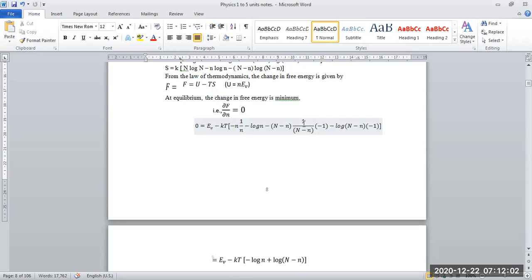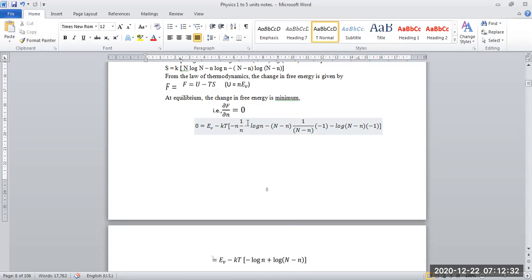So minus 1 into minus 1, that is what? Plus 1. So this entire value is plus 1. So this plus 1 and this minus 1 get cancelled. Clear? So what is remaining here? Minus log n. So here I have written minus log n. So next aspect, this is remaining. So minus into minus is plus. Therefore, we have written it plus log of capital N minus small n as it is I have written here.